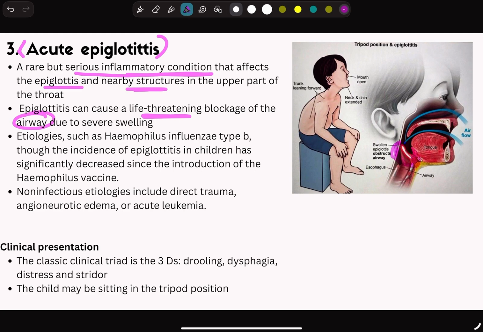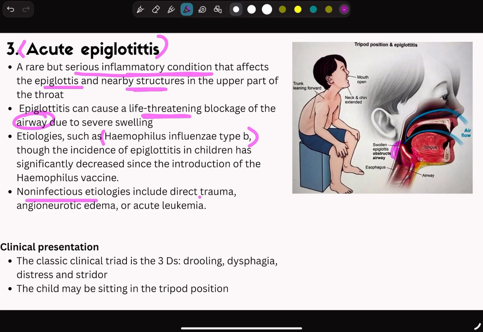Now, the good thing is that the incidence of such infection has been decreasing because of the vaccination against Haemophilus influenzae type B, which is the main organism of this infection. So we rarely see these infections.